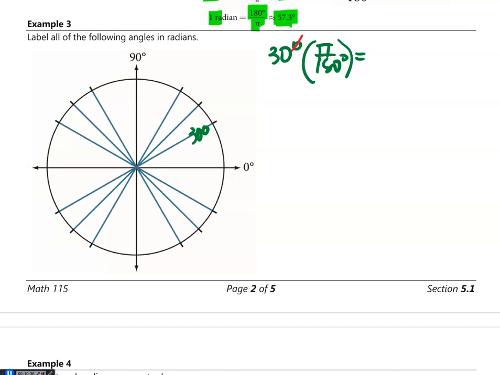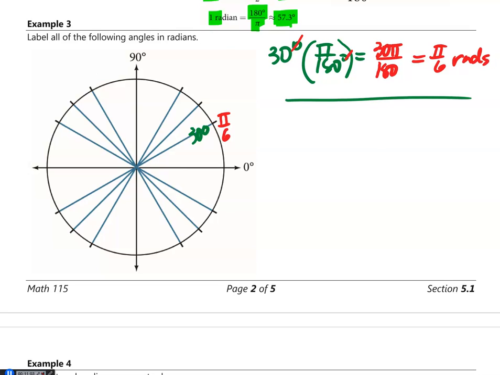So that's going to be 30 pi over 180. And we simplify, 3 over 18 is 1/6. So this is pi over 6 radians. So this is pi over 6.